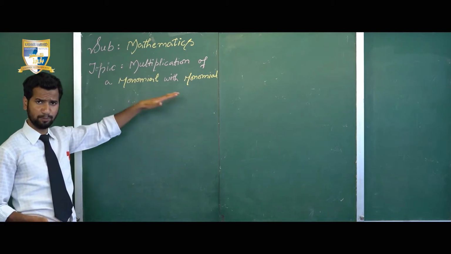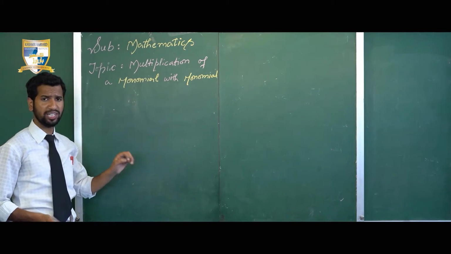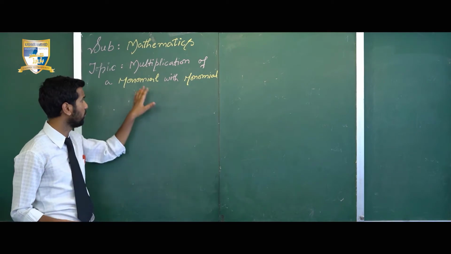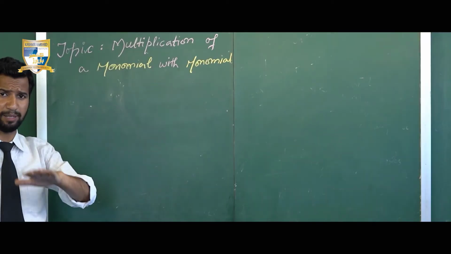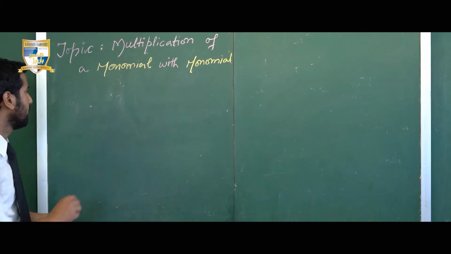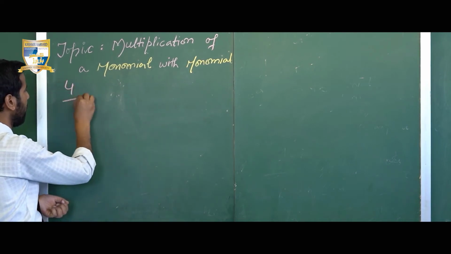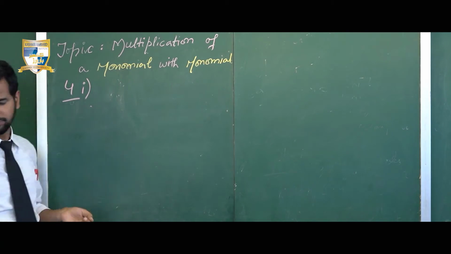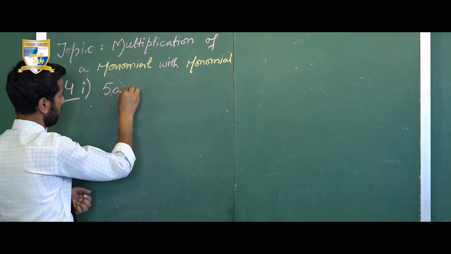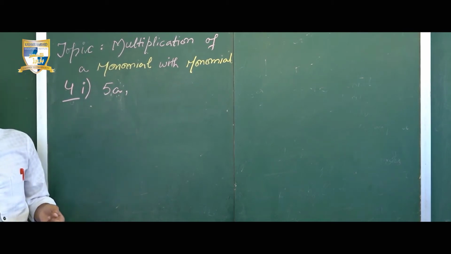Last time it was up to question number 2. Question number 3 is a table, and this table is entirely based on the multiplication of a monomial with monomial. So you are going to attempt it yourself. I am going to show you question number 4 here. The first part is 5a, the first monomial here.